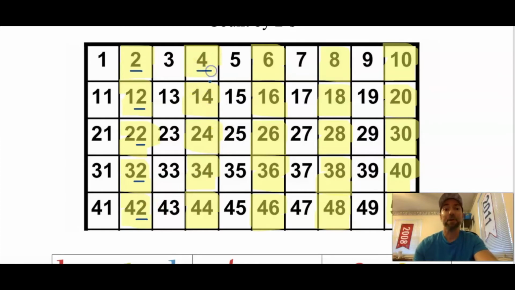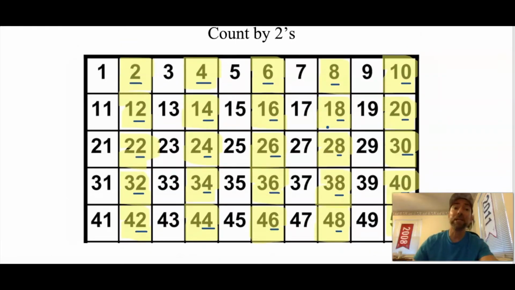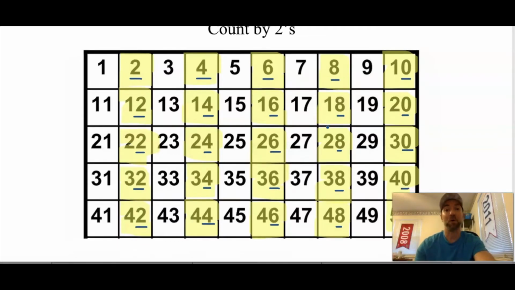I see lots of 4s. I also see lots of 6s and lots of 8s and lots of 0s, all in the ones place. I don't see any 3s in the ones place of the numbers that I've circled when I count by 2s, starting at 0. Pretty cool.